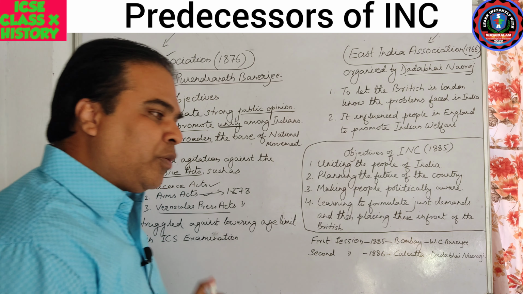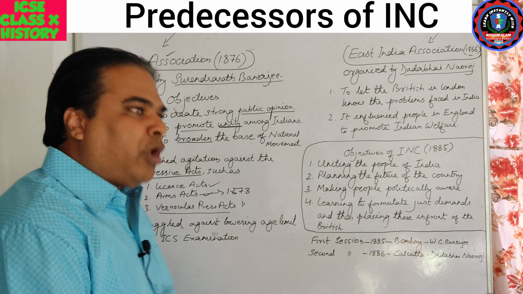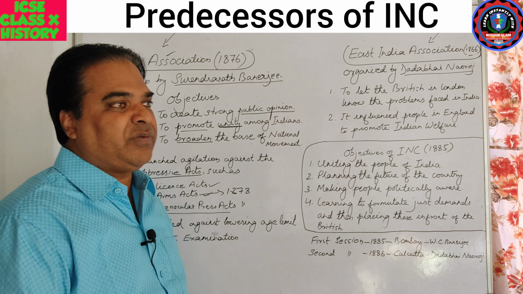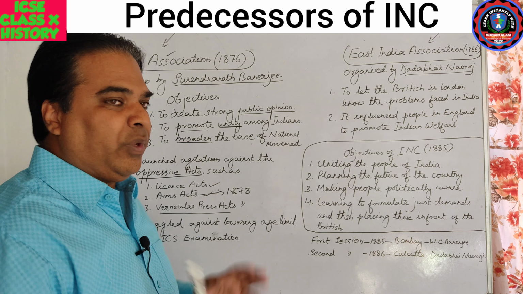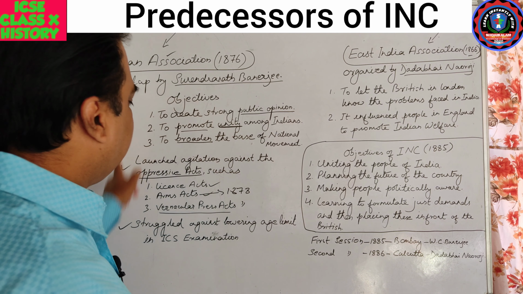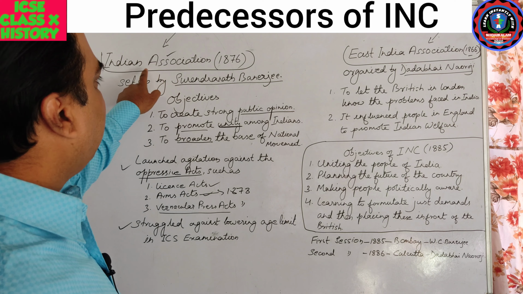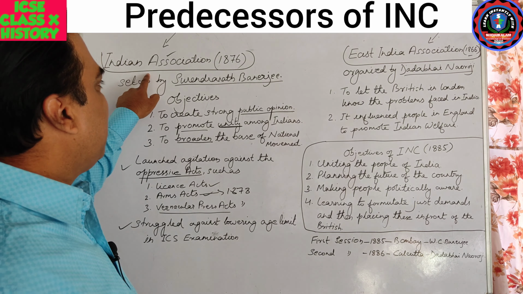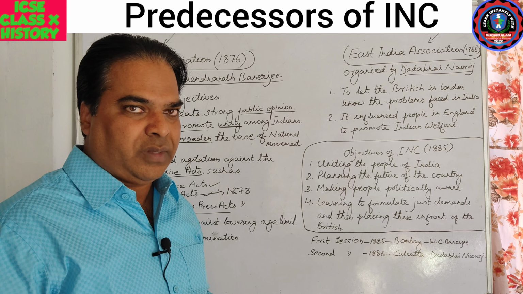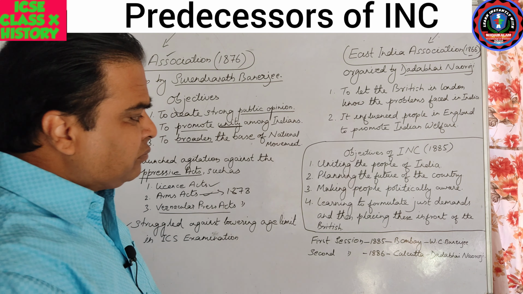So he also launched a movement against the lowering of the age limit of the ICS examination from 21 to 19, which was completely unfair. All these things were launched under the banner of the Indian Association, which was led by Surendranath Banerjee. Okay, hope you all have understood this part.